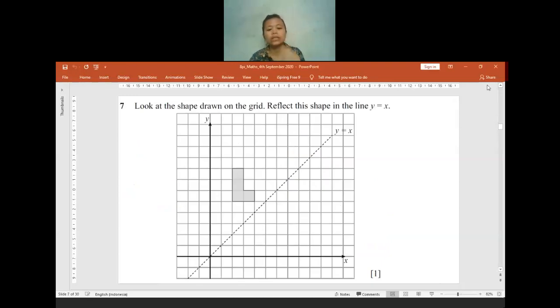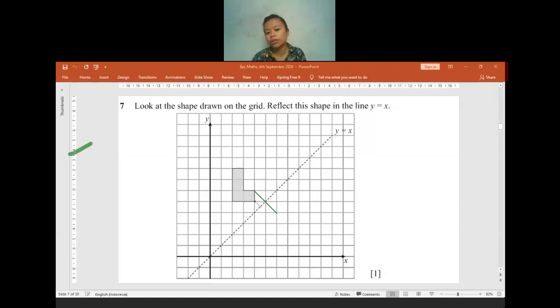For question 7, if you want to find the result for refraction, usually you have to find the same distance. So usually I just connect it with a line. This is one box, so I go one box here and stop at this place. For this point I connect it again.